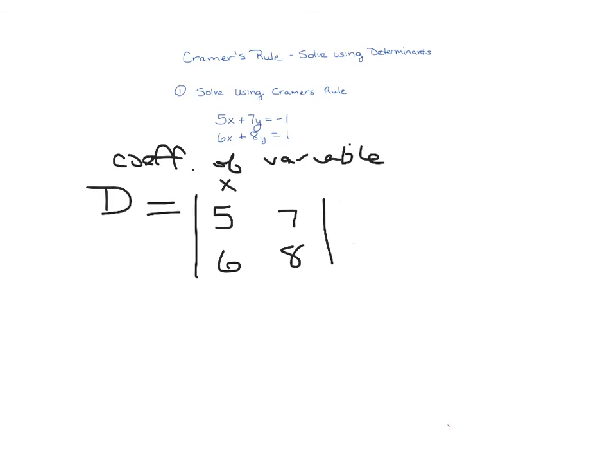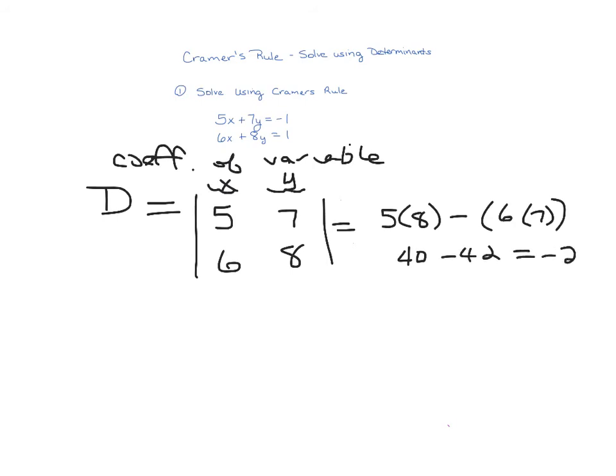So these are the X's, these are the Y's. Okay, I'm going to multiply 5 times 8 minus 6 times 7. And I'm going to get 40 minus 42 equals -2.